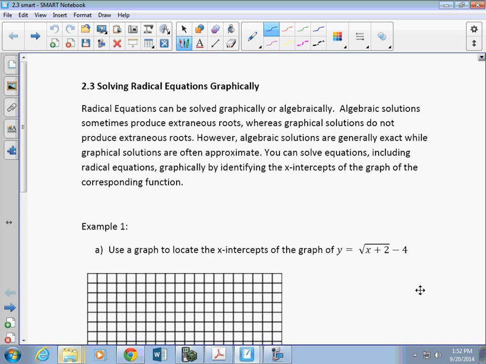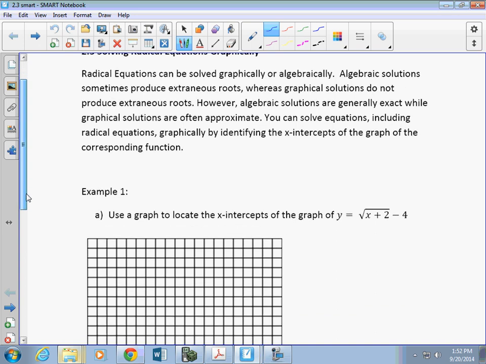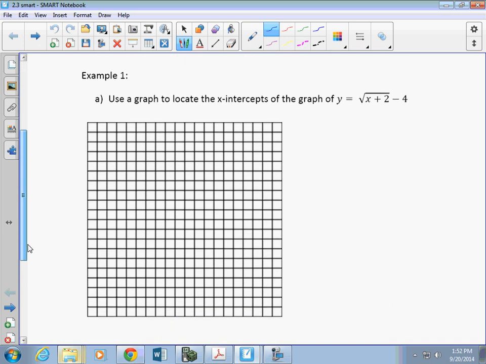So it says, use a graph to locate the x-intercepts of the graph y is equal to the square root of x plus 2 minus 4. So if we take a look at our graph, remembering that our general form looks like that.